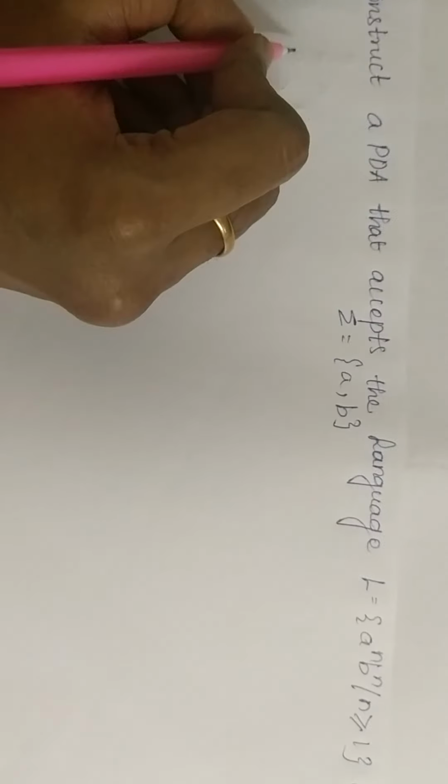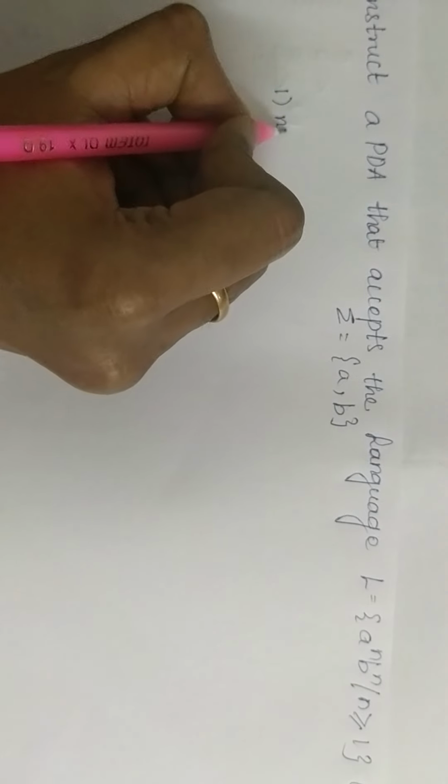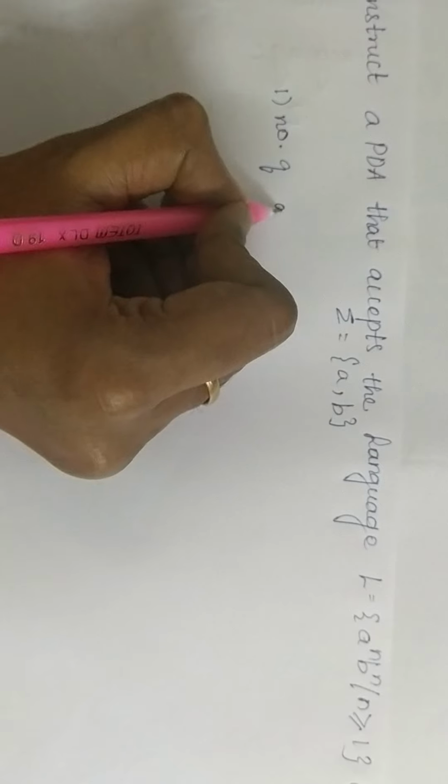First, we have to write the constraints for this language. From the question, we can understand what the constraints of the language are. The first constraint is that the number of A's equals the number of B's.